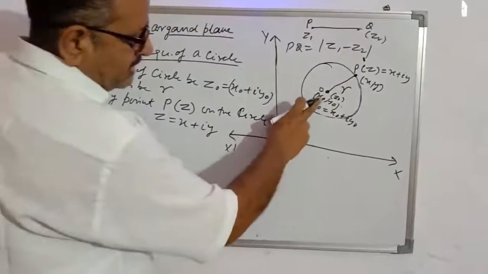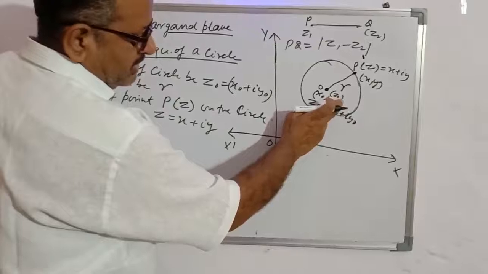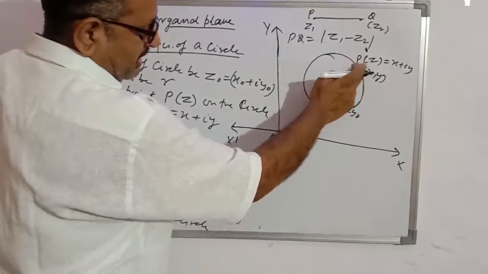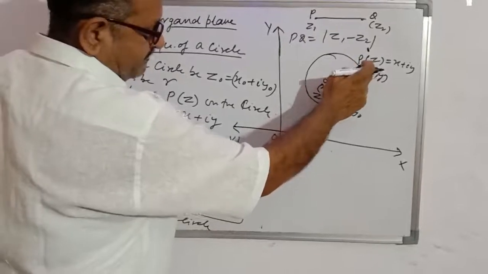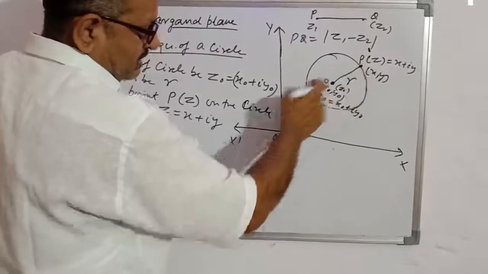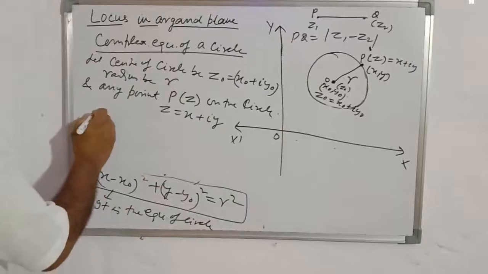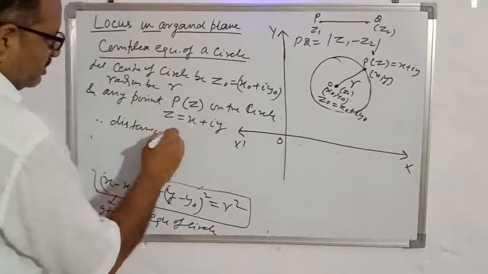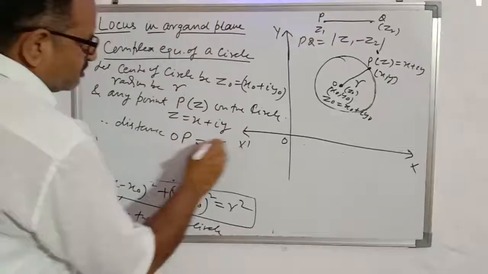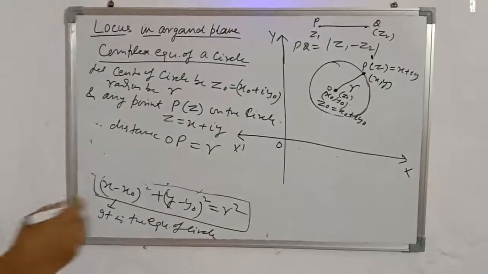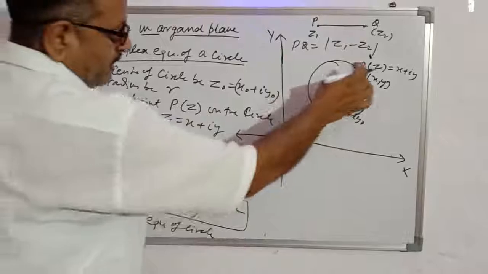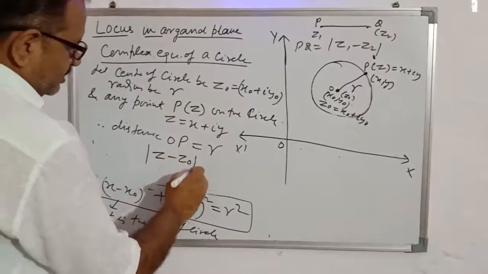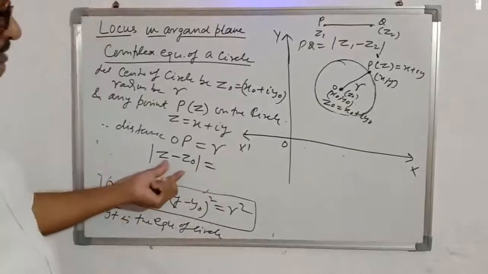So here one complex number is Z0, the center. Another complex number which lies on the circumference is P, it is Z. So what will be the distance OP? Distance OP is equal to R, the radius. And how can we find OP? OP we can find as modulus of Z minus Z0.